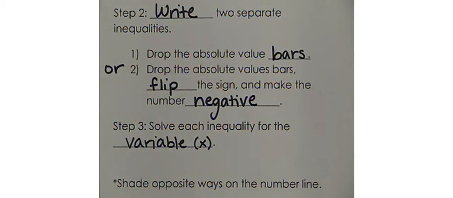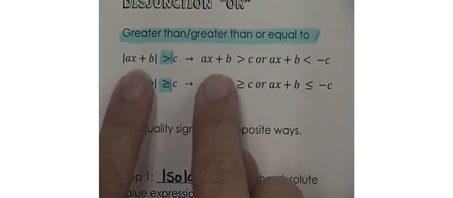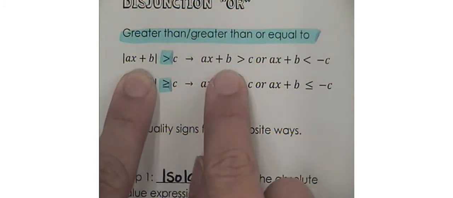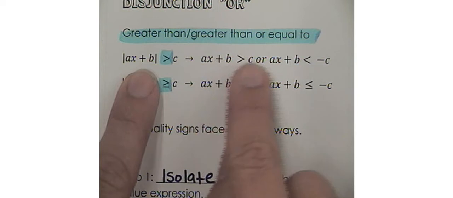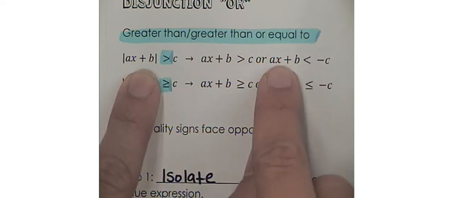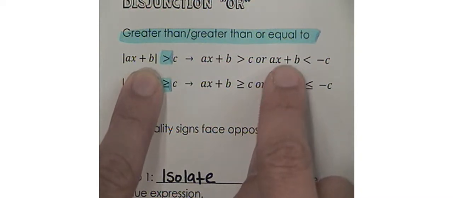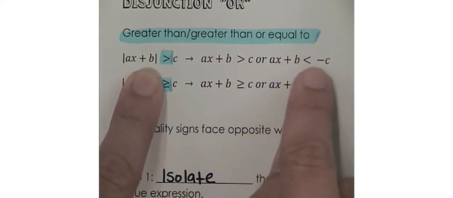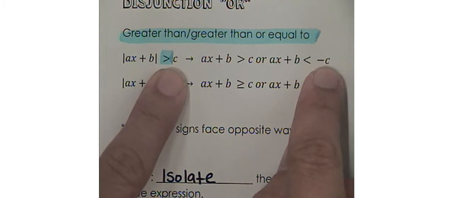So if I go back up here, notice my first one from here to here, I just dropped my absolute value bars. Then from here to here, we drop the absolute value bars, we flip the inequality sign, and we make this a negative c.